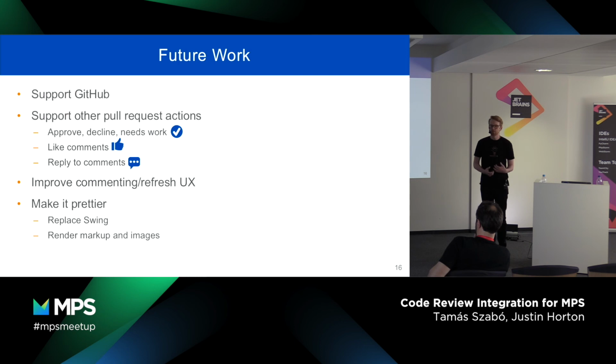We would like to add support for other pull request actions, again keeping with the theme of not having to context switch very much between the pull request and MPS, where you actually need to be to do the projectional review. We'd like to improve the commenting and refreshing user experience.